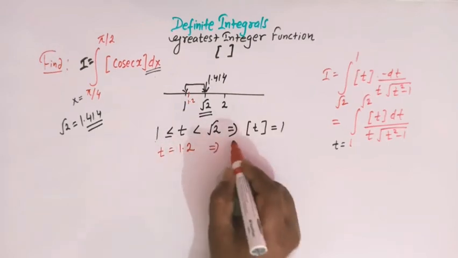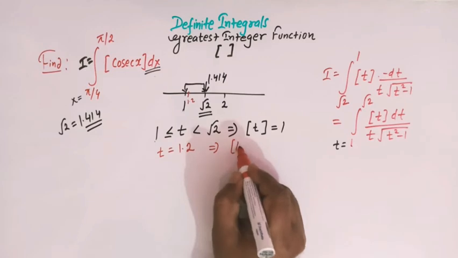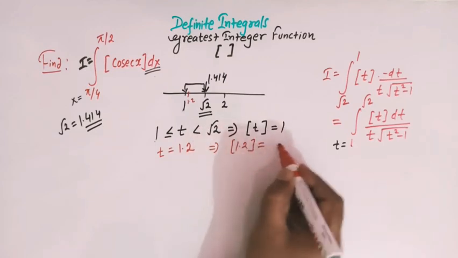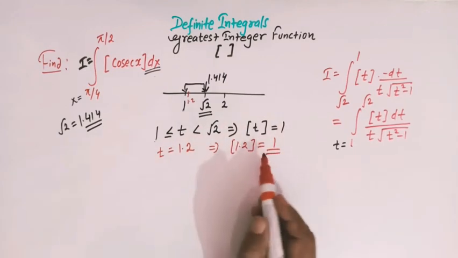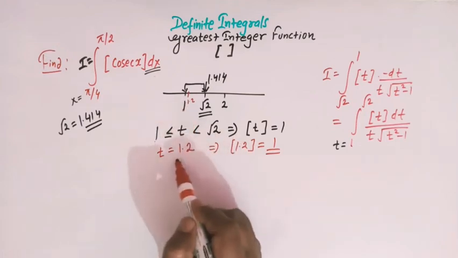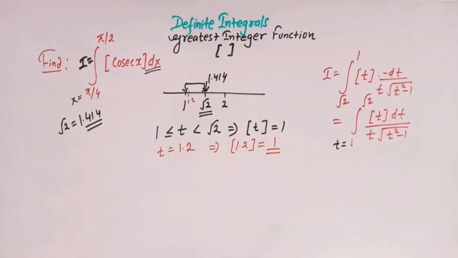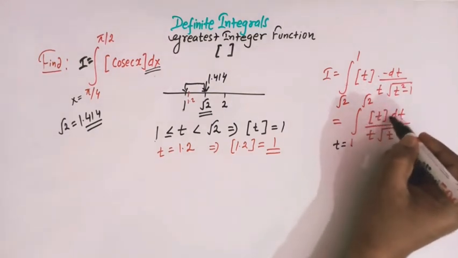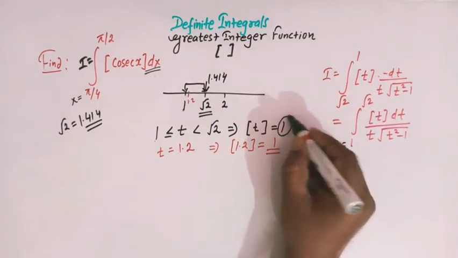Therefore the greatest integer of 1.2 is 1, and similarly we can explain other values also. So now the value of greatest integer t can be replaced by 1.